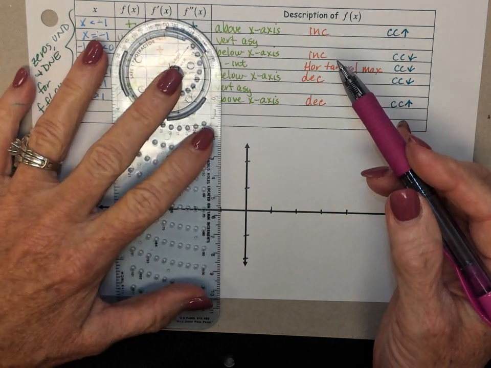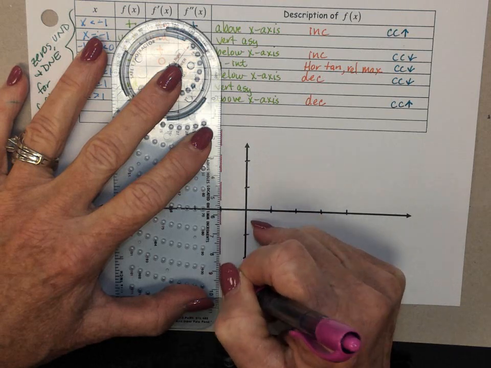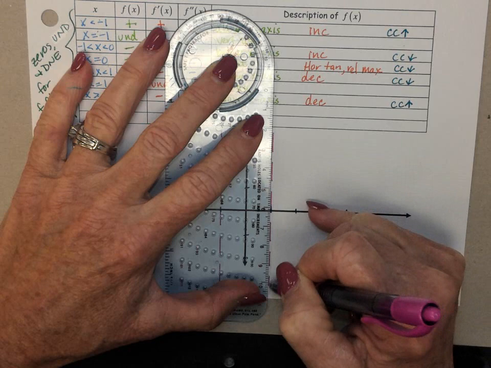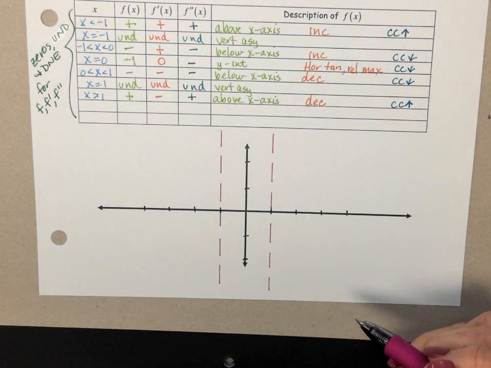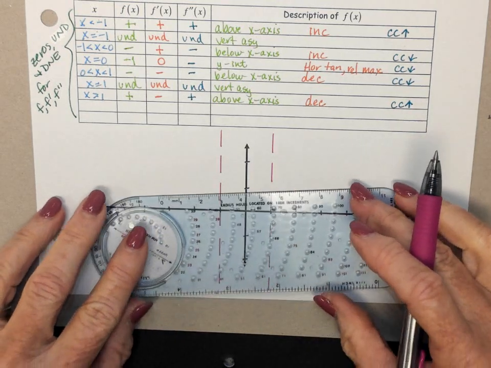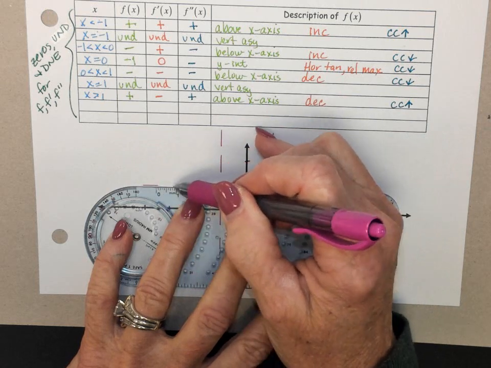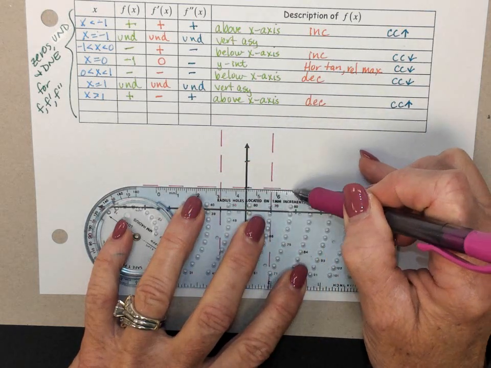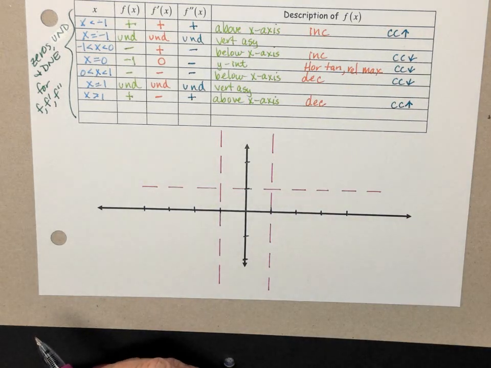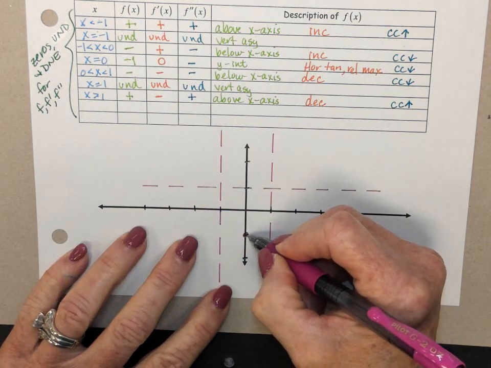So I'm going to go ahead and put those vertical asymptotes in. From the previous page, we had a horizontal asymptote at y equals 1. I'm going to put that in. We have a y-intercept at 0, -1.